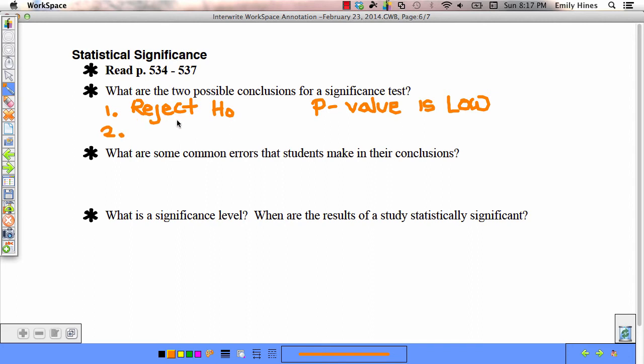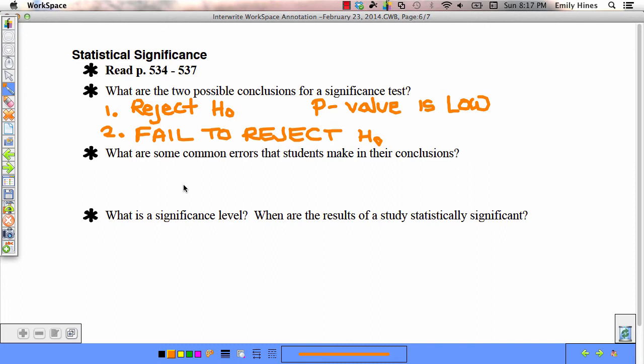However, on the opposite of that, you would think that you would accept the null, but that's not the case. You have to use the words fail to reject, because all you're saying there is not that you accept and say, oh, this must be the value. Basically, you're saying, I have a lack of evidence to prove otherwise.